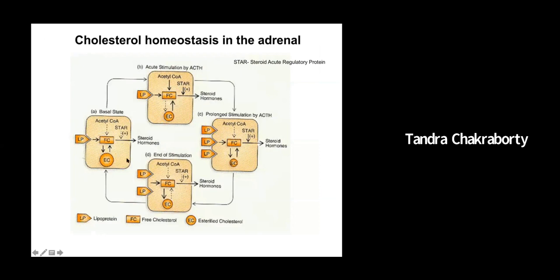And this is basically a cell, an adrenal cell that we are talking about. So receptor-mediated endocytosis of low-density lipoprotein is a regulatory event in the cellular cholesterol homeostasis, okay? First, what happens?